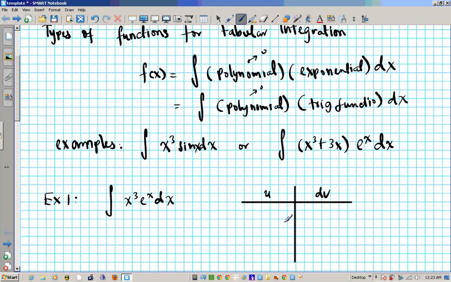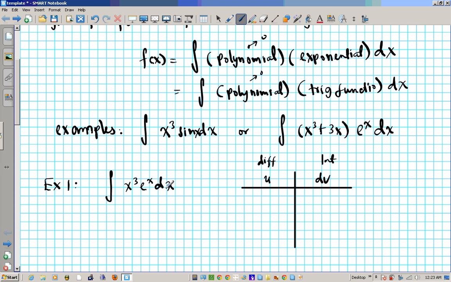What's going to happen here is you're going to keep differentiating the u column, and keep integrating the dv column. Which one do you want to pick as your u? We have two functions here.